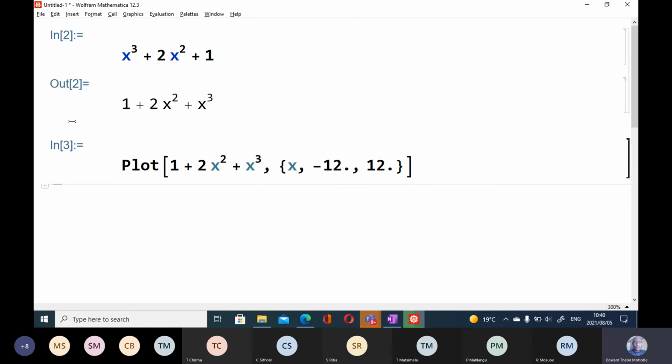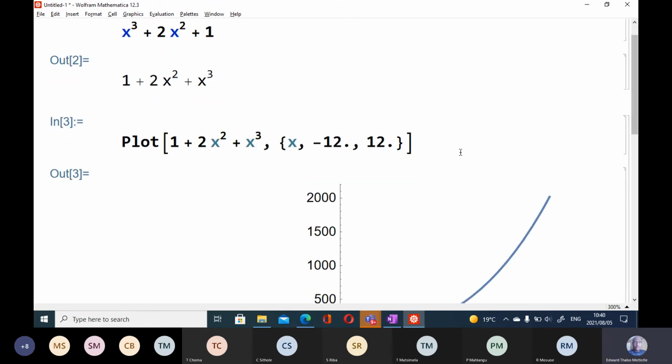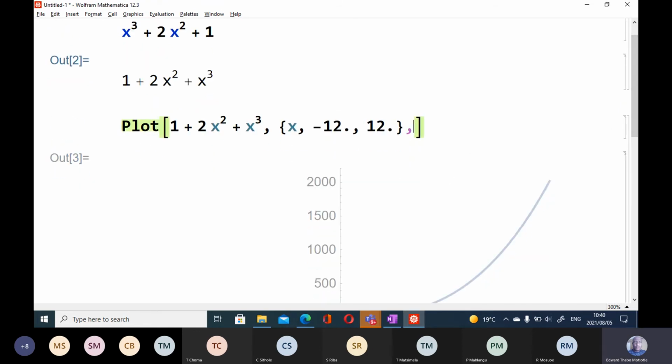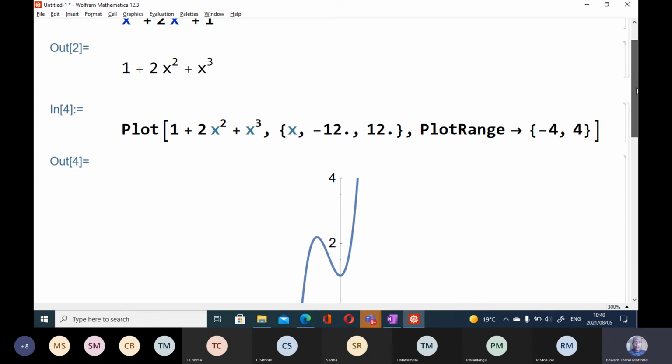Now, if we were to plot this graph, let me change the plot range so you can clearly see the graph.